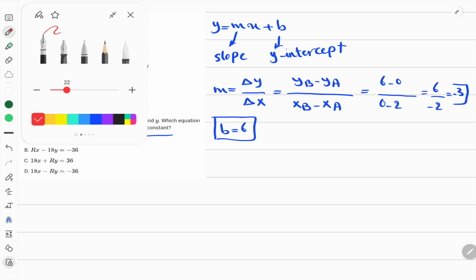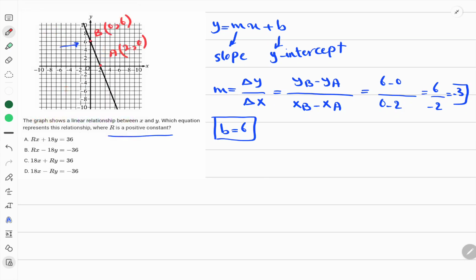And now, when we have m and b, we can write the equation of this line. Y equals, instead of m, negative 3 times x, and instead of b, positive 6. This is the linear relationship between x and y.